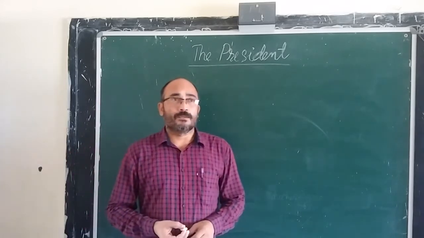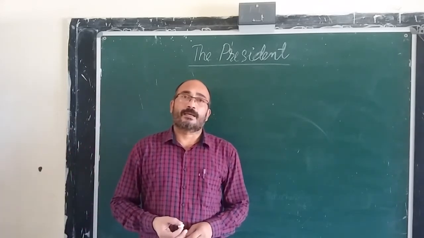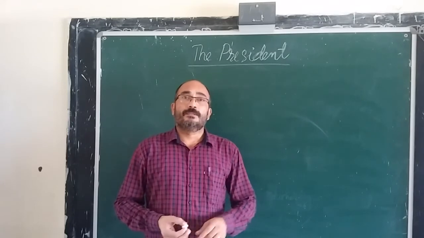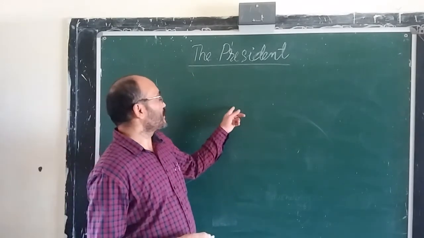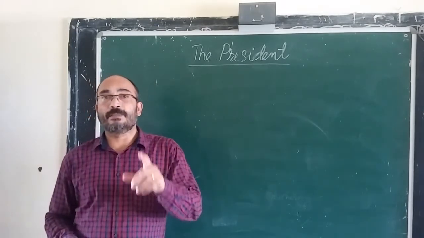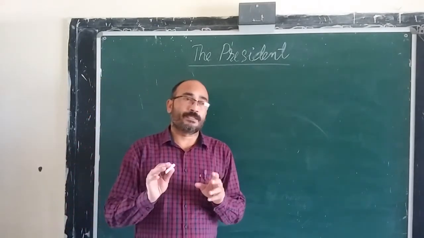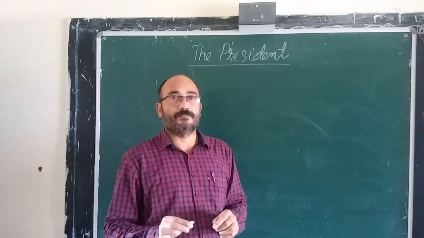Okay. In order to be a presidential candidate, there should be a minimum of 50 members of the electoral college. 50 members of the electoral college must propose the name.